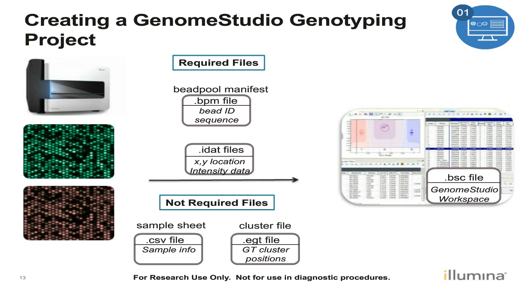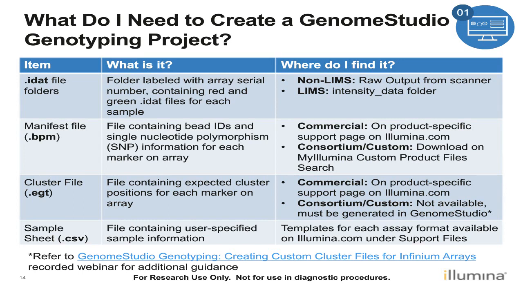This slide is mostly just for your reference, again describing what each of the required and optional files are. One thing I'd like to point out is that depending on the BeadChip type that you have, this will determine where you can access the files. For a commercially available chip, you can download a manifest and cluster file on the product-specific support page.